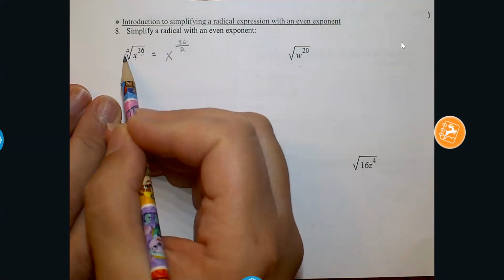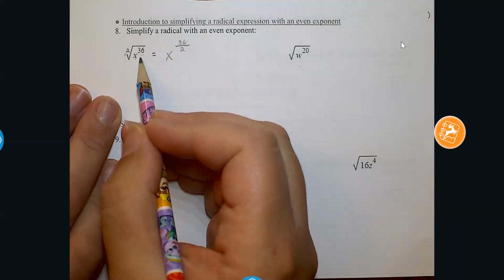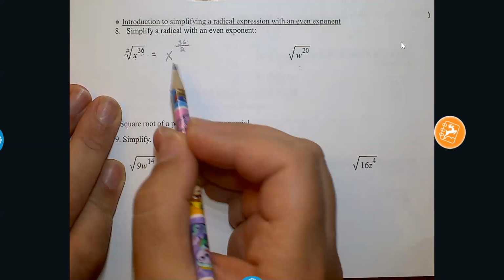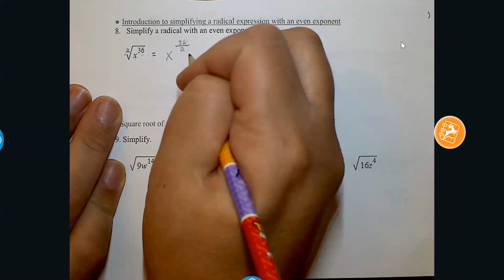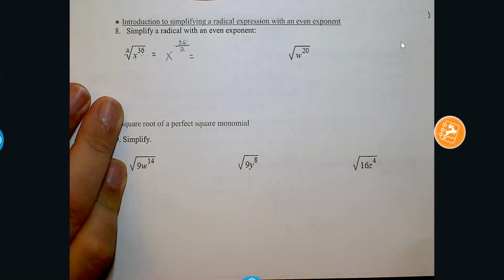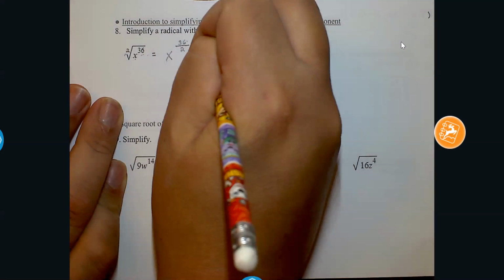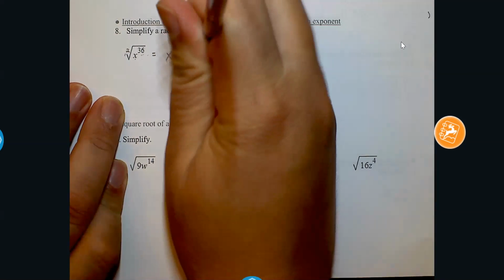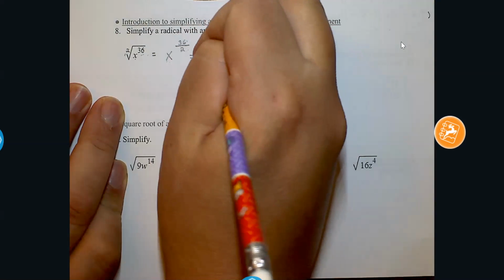So in this case, when you don't see a number, there's a 2. So the square root of x to the 36 is really x to the 36 over 2. So 36 over 2 is 18. That's going to be an exponent, right? So it's x to the 18.